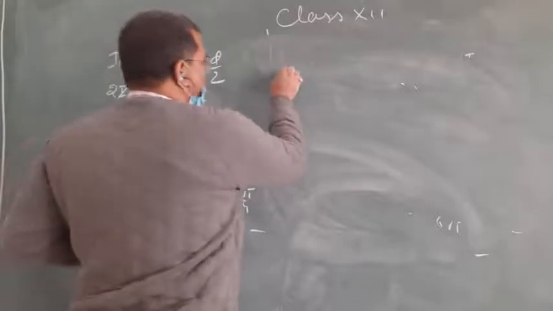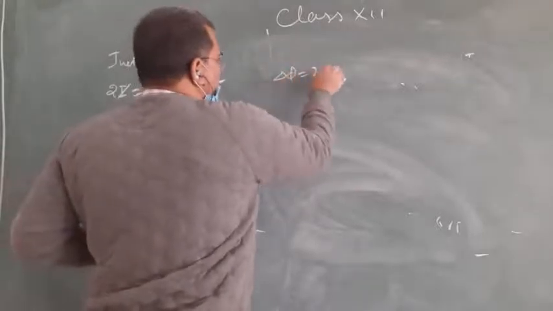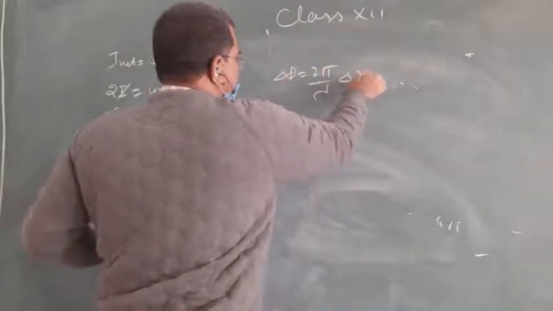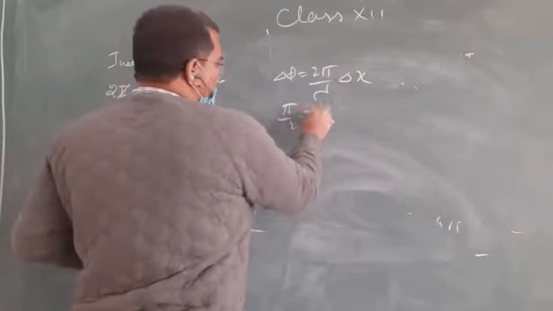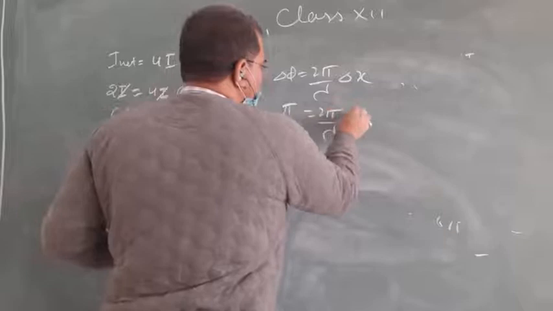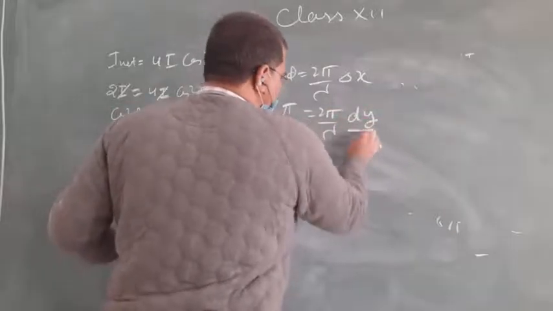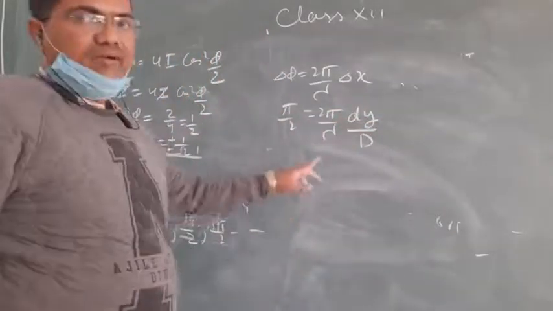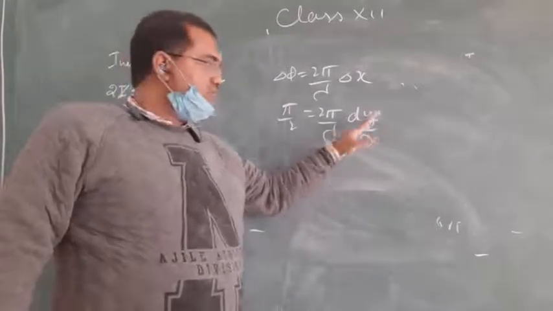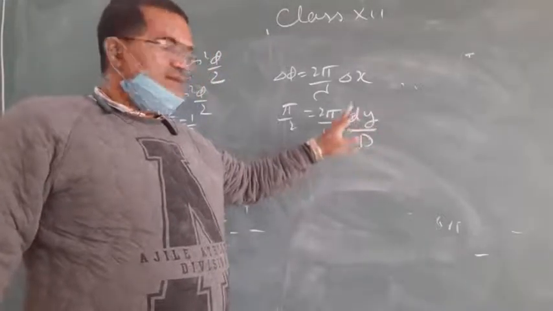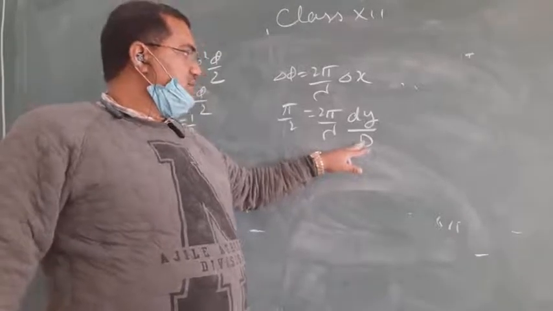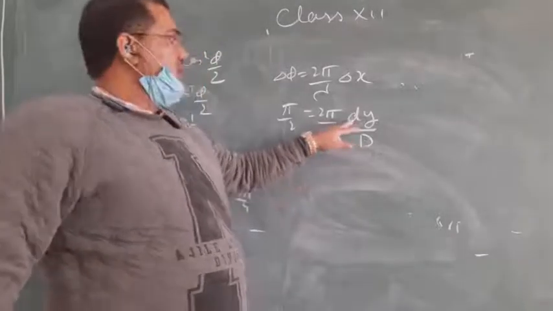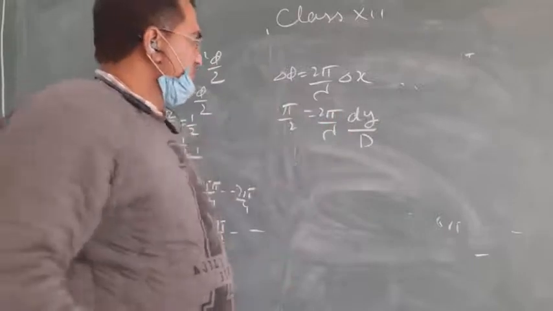So delta phi equals pi by 2 equals 2 pi by lambda into y d by D. We have already seen y is the position of maxima or minima, D is the distance between screen and slits, and d is the distance between slits.